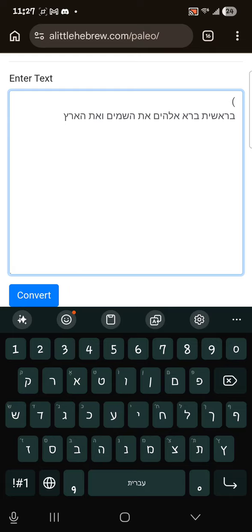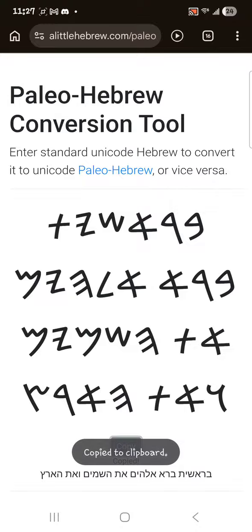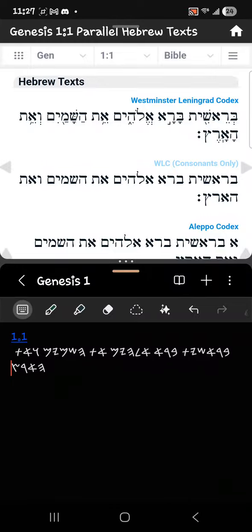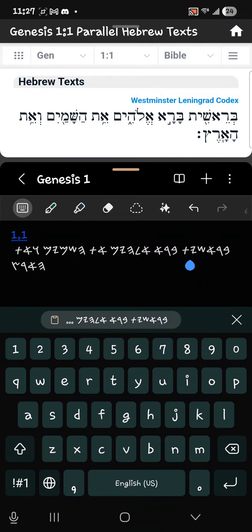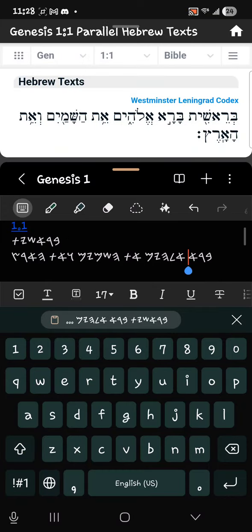Also cut the convert, press copy, put it back to right here, just paste it. This is wildly simple. Then from here you can just break it down, which I intend to do.